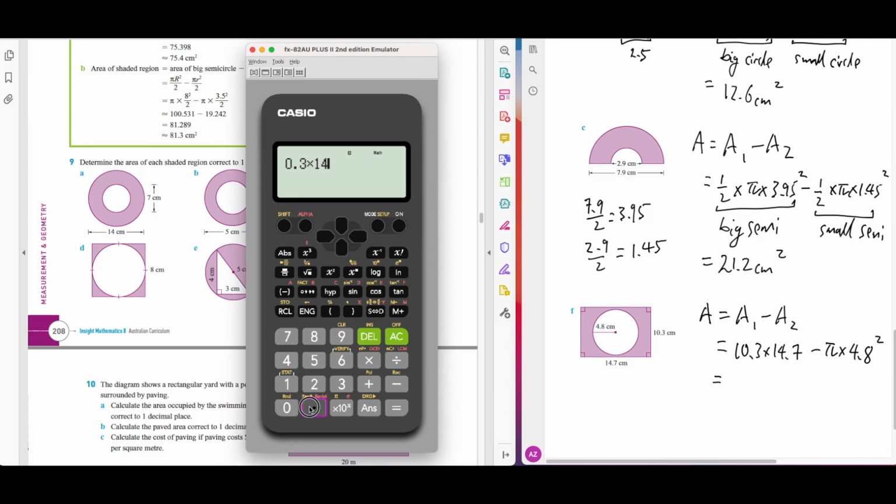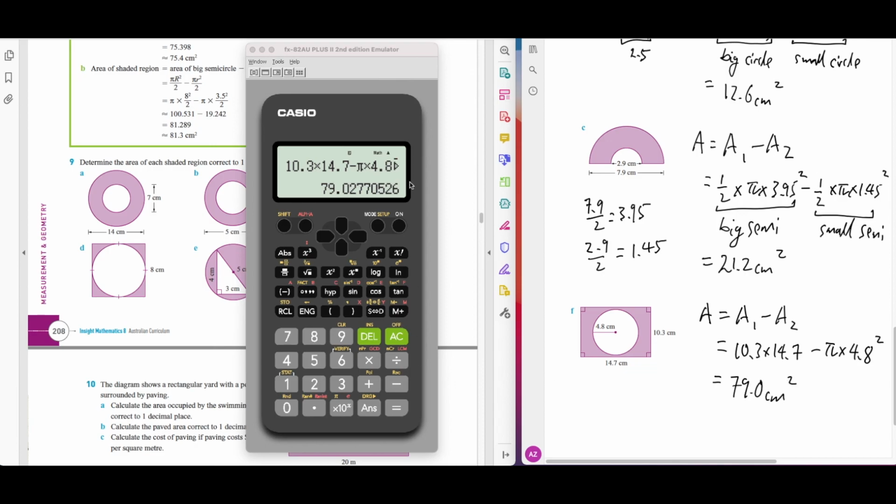It's 10.3 times 14.7, take away pi times 4.8 squared, which is 79.0, right? Because 2 is less than 5, so it's 79.0 centimeters squared.